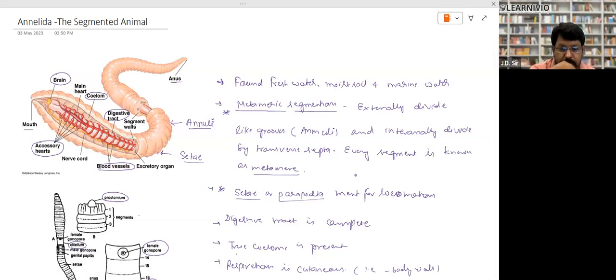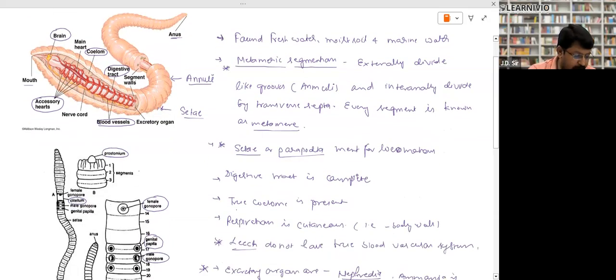Next one. Digestive tract is complete as both mouth and anus are present.